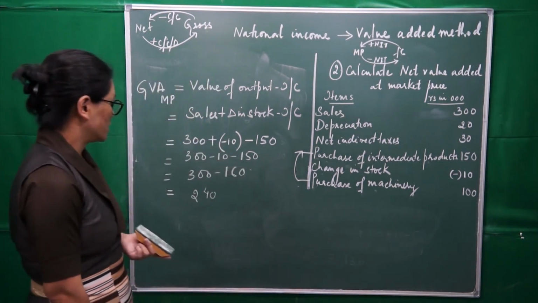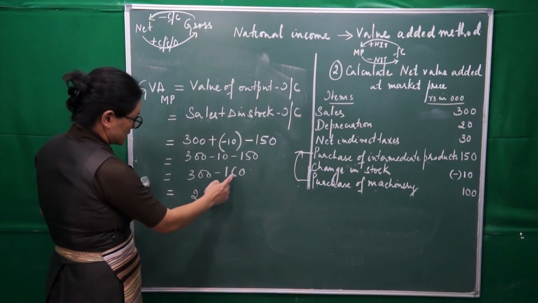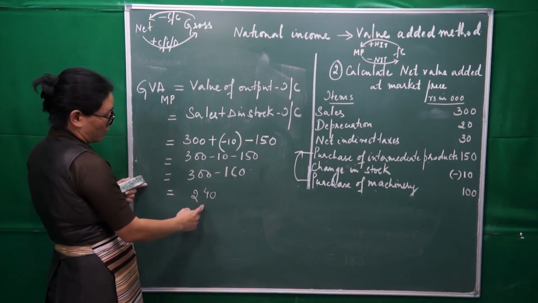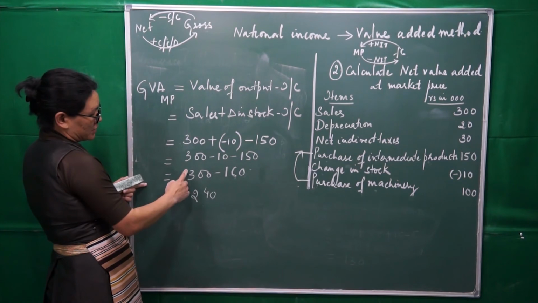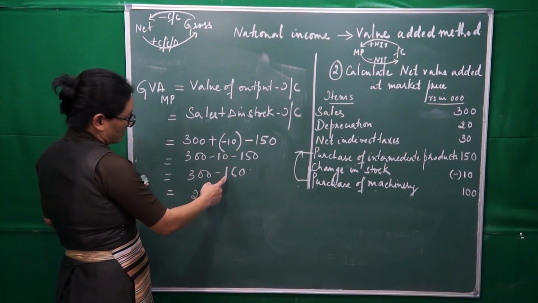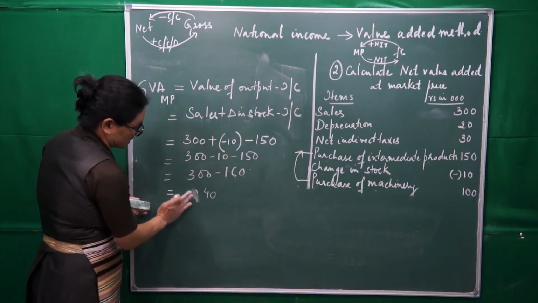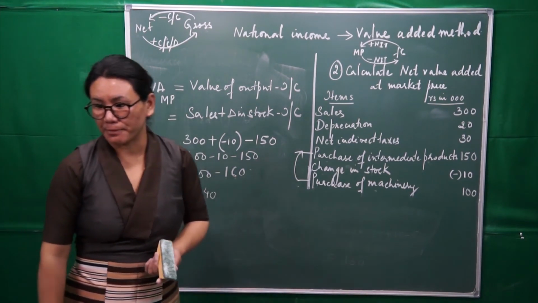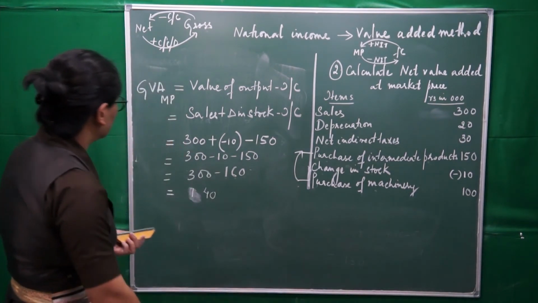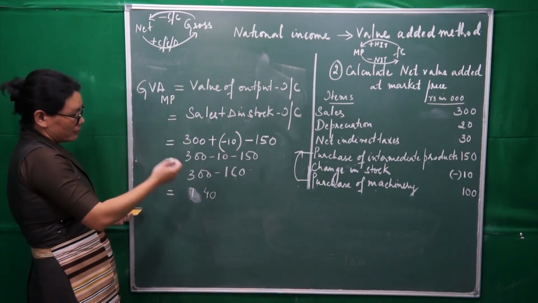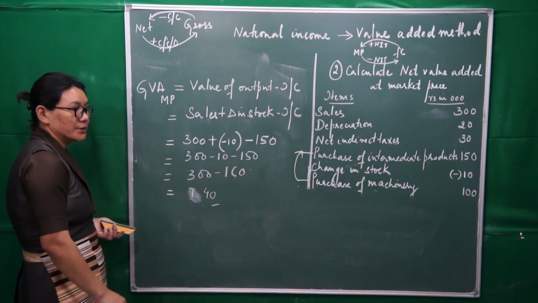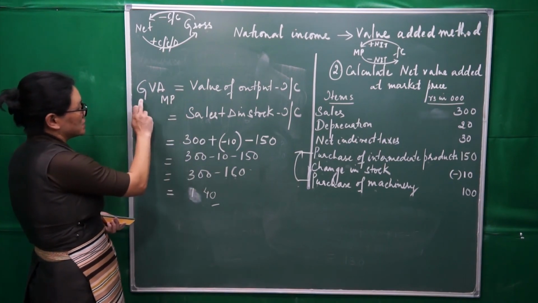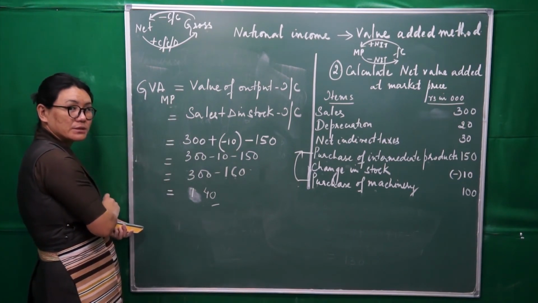Right. So this is GVA at market price, 140.